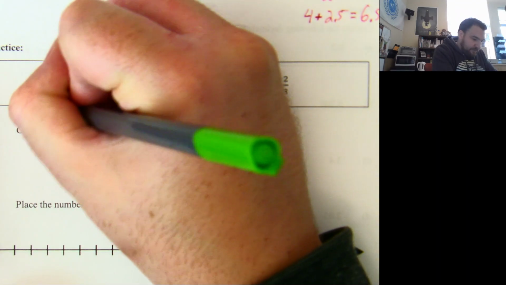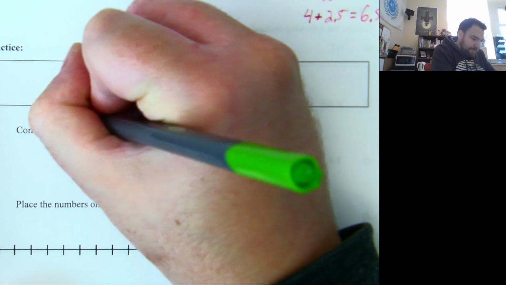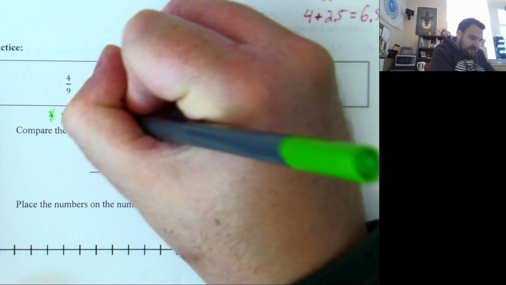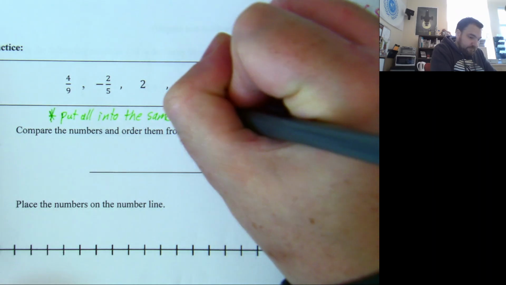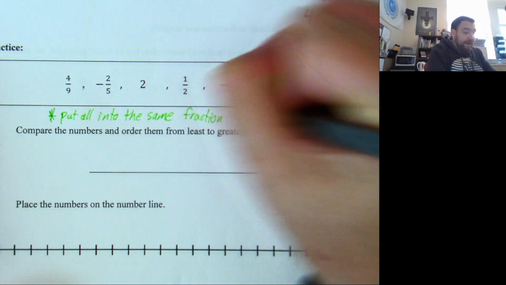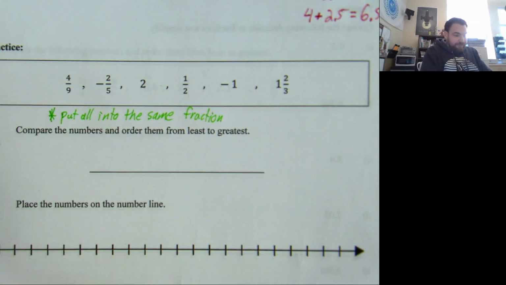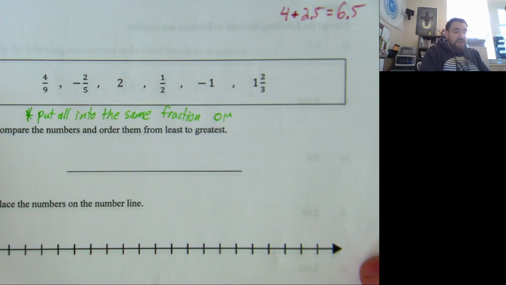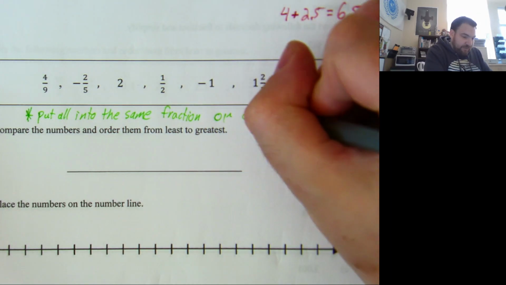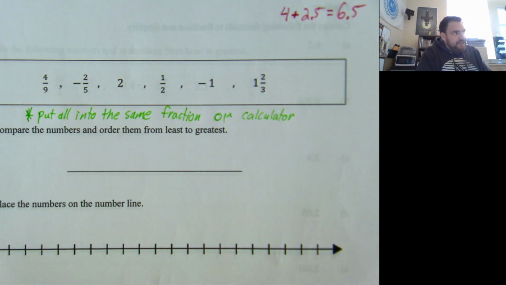Either you can put them all into the same fraction to compare them like we were comparing them yesterday. You could make all of these fractions have the same denominator. Or you can take a calculator to each one, convert them all to decimals and then order them that way.